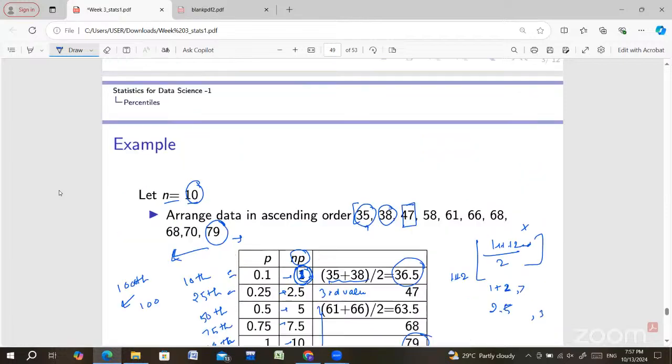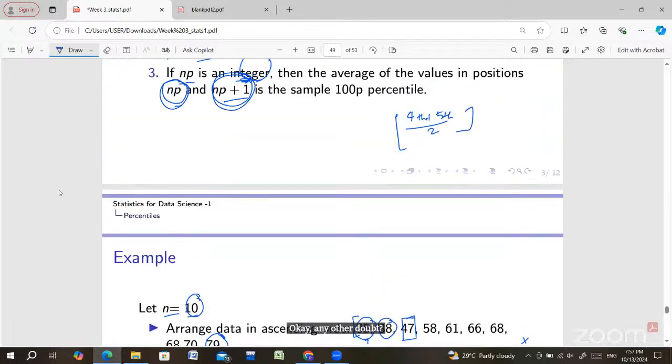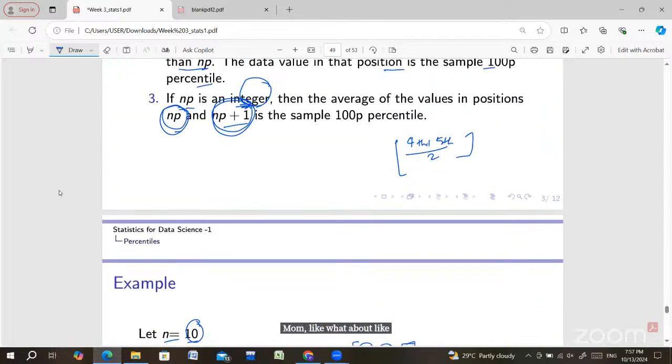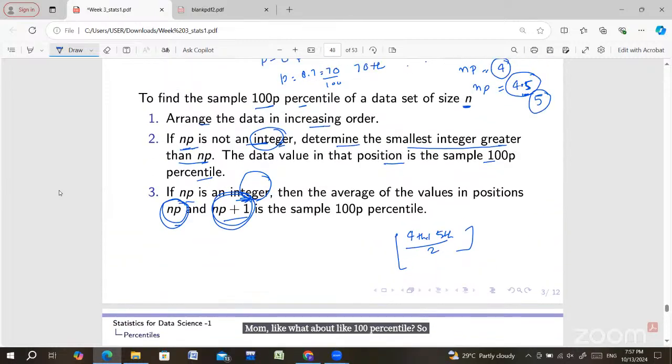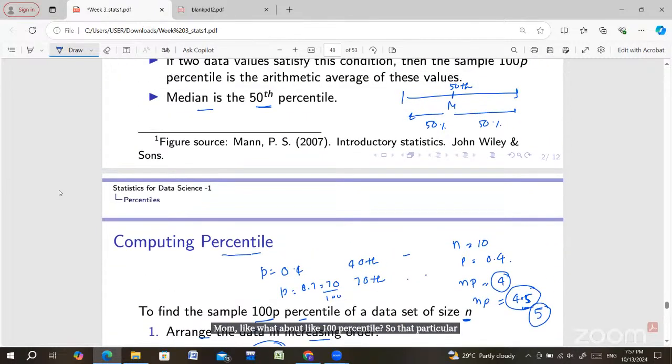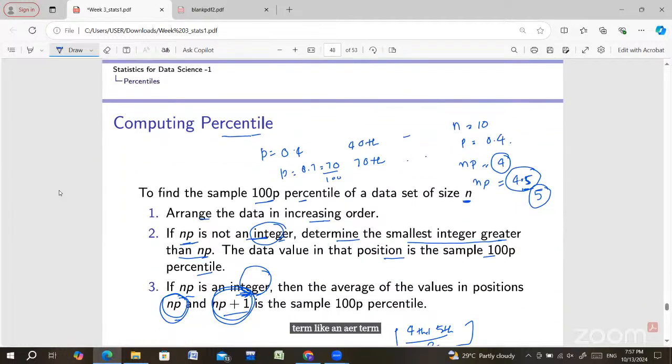Any other doubt? Ma'am, what about 100 percentile? That particular term is also part of the whole data set, so how can we say you are above 100%?